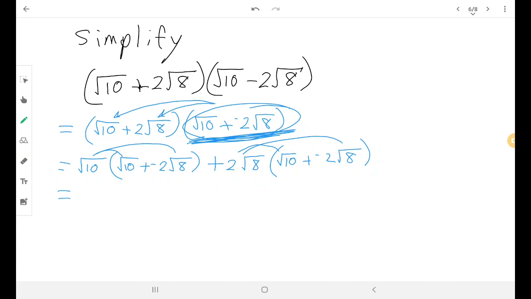So, square root of 10 times square root of 10 is the square root of 10 times 10, which is 10 squared, plus negative 2 times the square root of 10 times 8, which is 80, plus 2 times square root of 8 times 10, which is 80, plus 2 times negative 2 is negative 4, times the square root of 8 times 8, which is 8 squared.